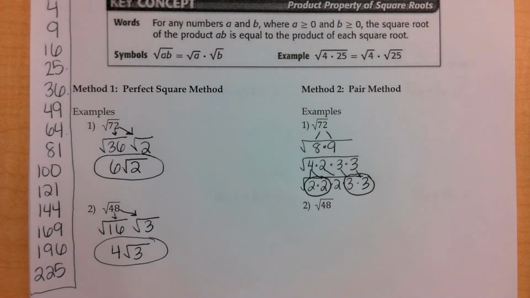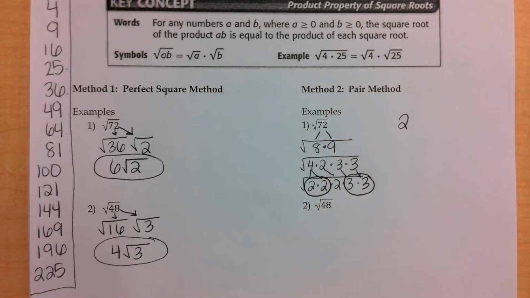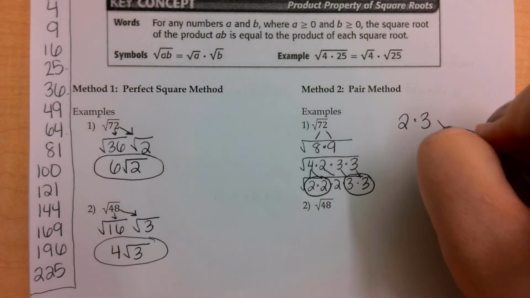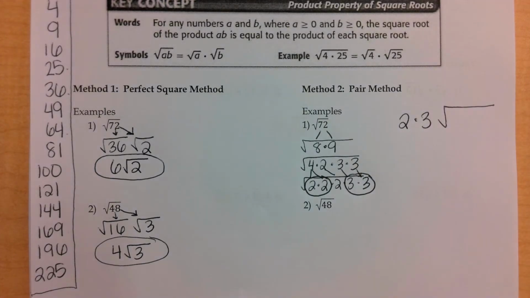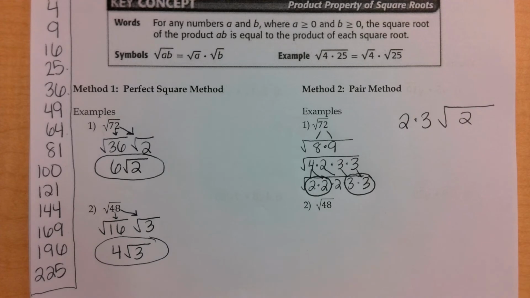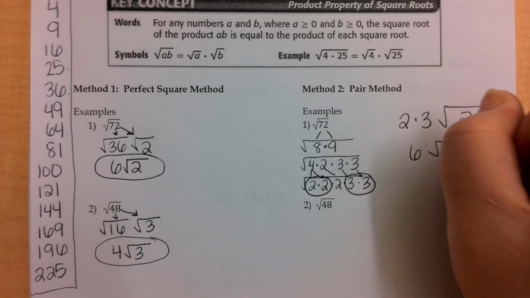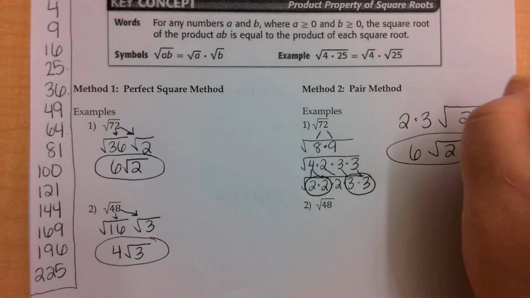So because it's a pair, it'll go on the outside of the radical symbol. So 2 times 3 goes on the outside. And then I only have the little 2 lonely over there. Then I think 2 times 3 is 6. And I still have the square root of 2.